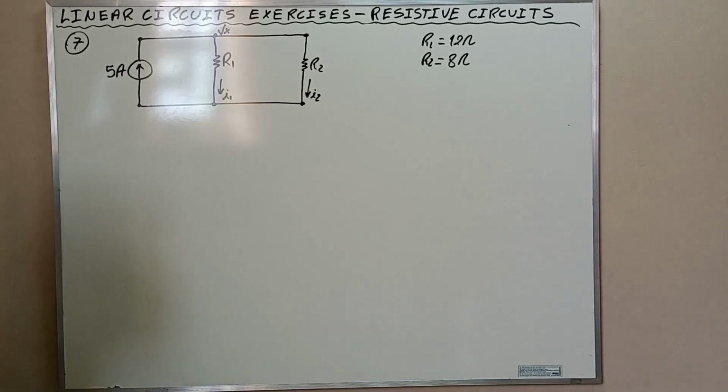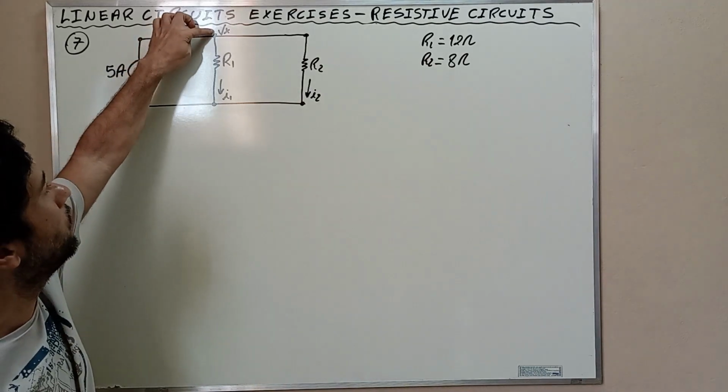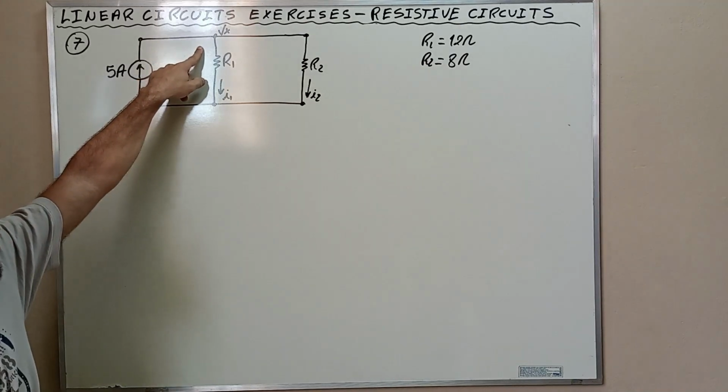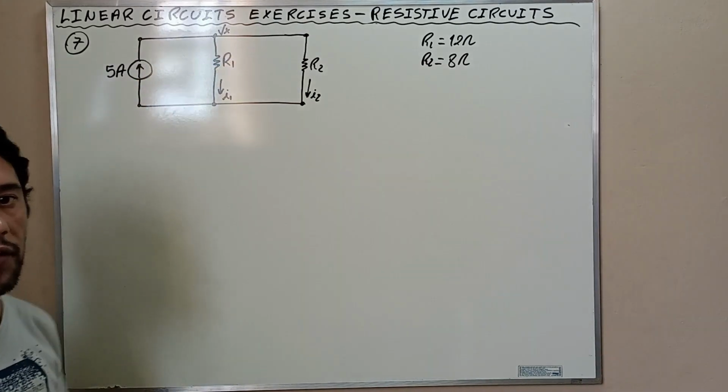Alright, for any given node, the sum of the currents that enter the node is equal to the sum of the currents that leave the node. So for the node Vx, the sum of the currents that enter the node has to be equal to the sum of the currents that leave the node.